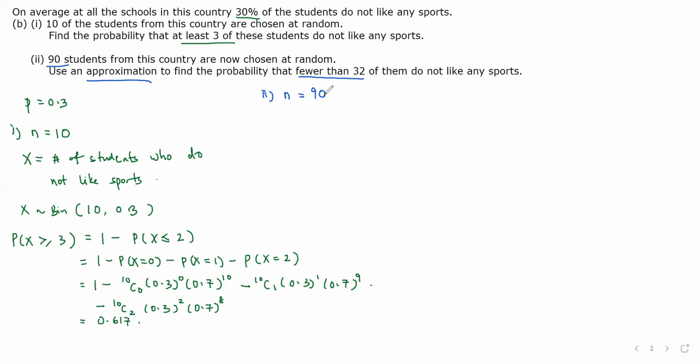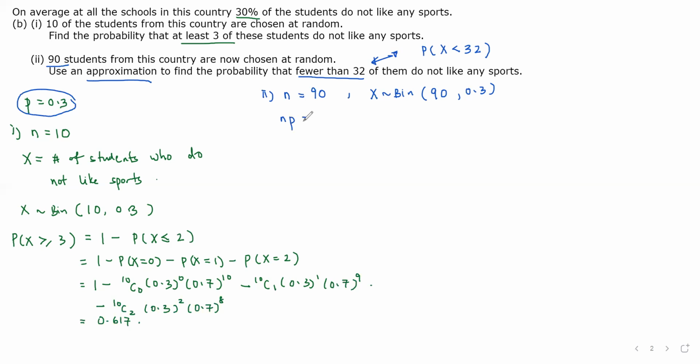So if n is 90, the probability of success is 0.3. X here follows a binomial distribution with parameters 90 and 0.3. We need to find the probability X less than 32. Now, obviously, we can't do that directly, so we will have to use a normal approximation to the binomial.